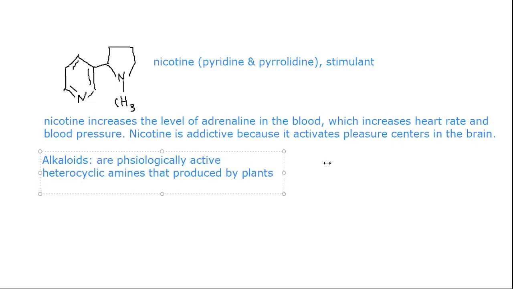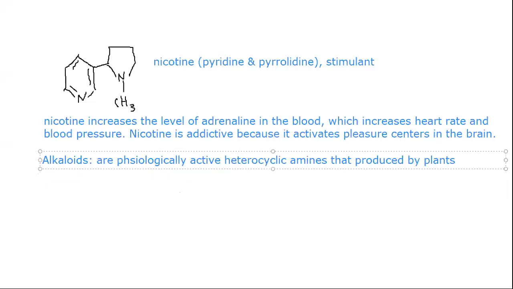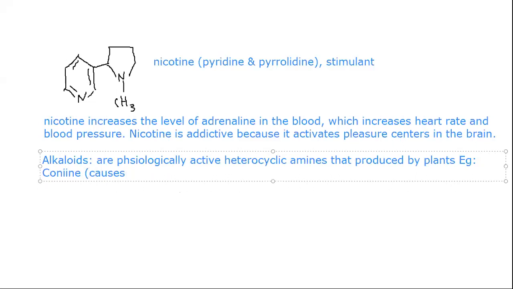If the heterocyclic amines are produced by plants, they are called alkaloids. Example, coniine. Coniine causes respiratory paralysis, obtained from hemlock.